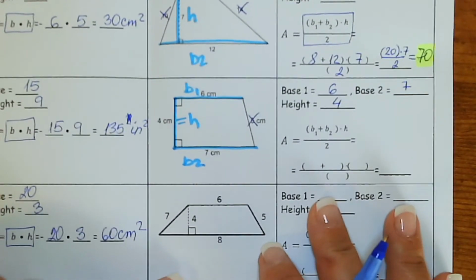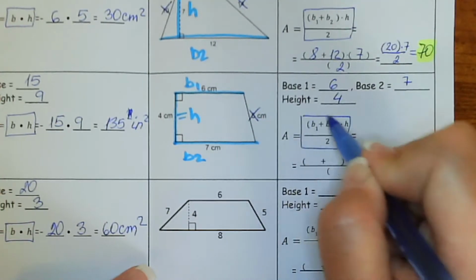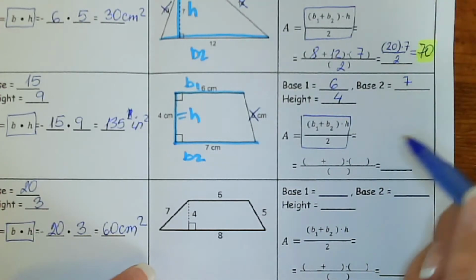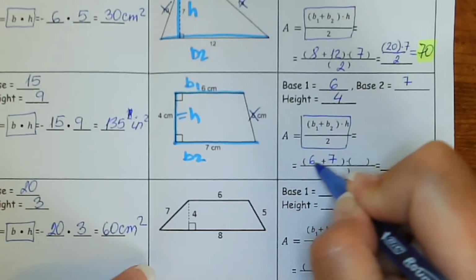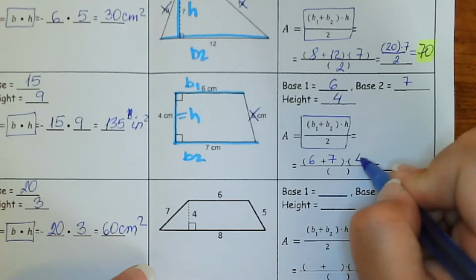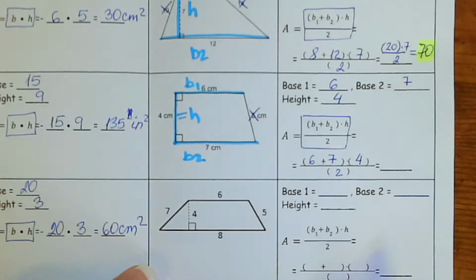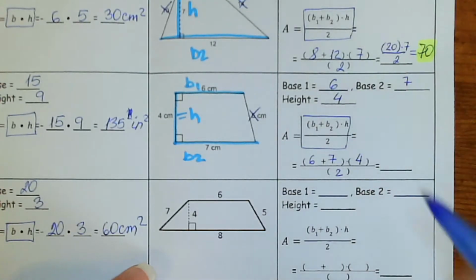It's just another side of the trapezoid, but it's not needed for the area, because in the area what we need is base 1 plus base 2 times the height divided by 2. So when we substitute base 1, 6 plus 7, we add, times the 4, multiply the height, and then divide by 2. 6 plus 7, 13 times 4, 52.